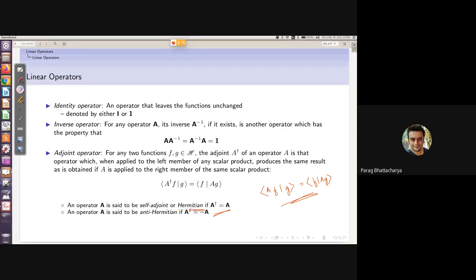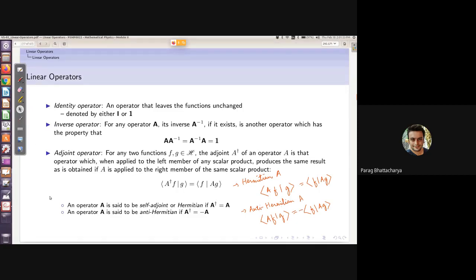This is for a Hermitian operator A. And if I have an anti-Hermitian operator, this means if I apply A on the left member, it will be the same as applying A on the right member, but with a minus sign. So that is an anti-Hermitian operator.